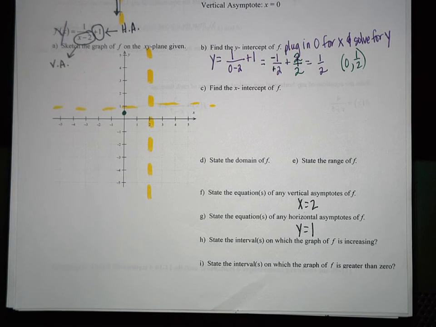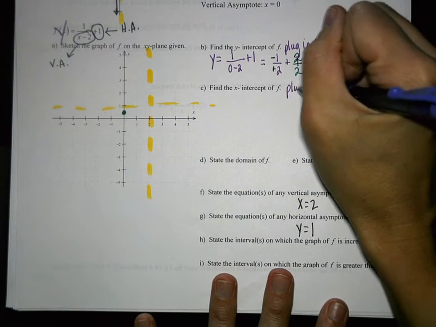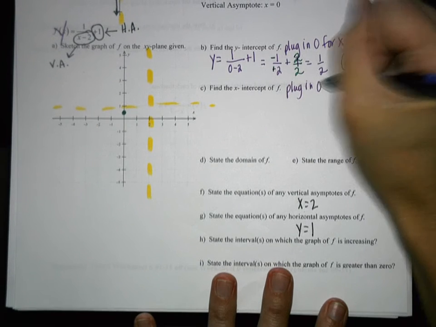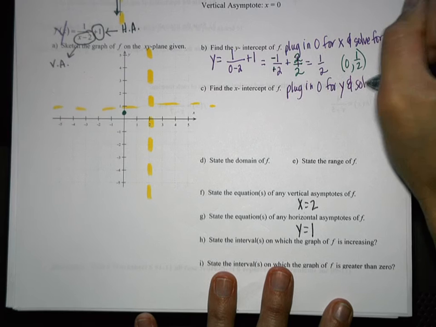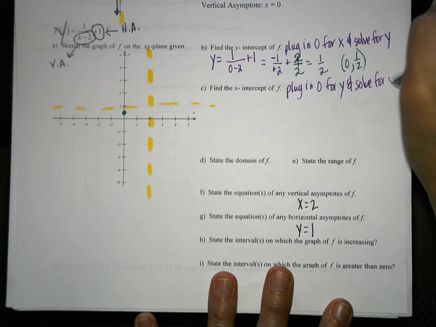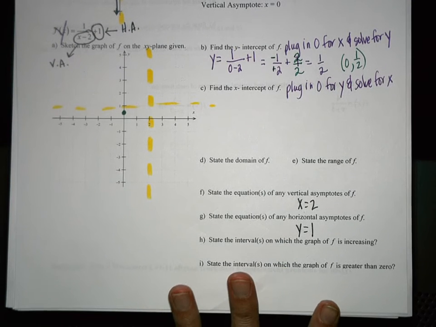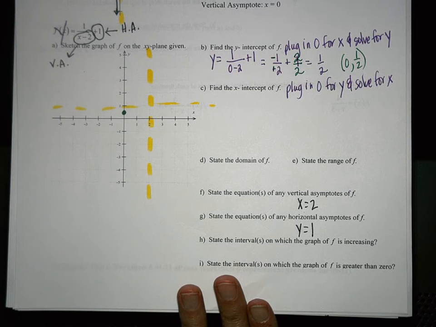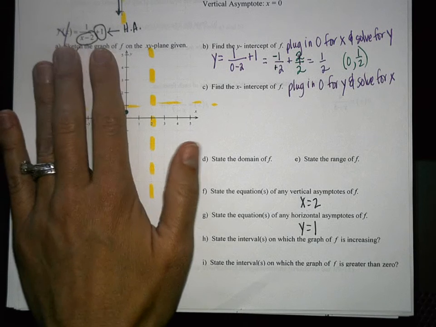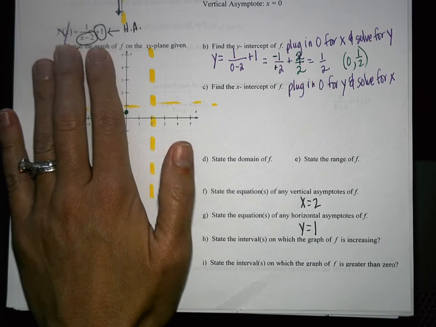What do you think I'm going to do to find the X-intercept? Set y equals 0. Plug in 0 for y and solve for x. So again, we go to this equation, but this time I'm going to plug in 0 for y.